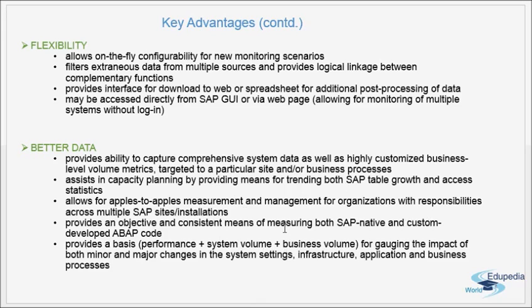You can go through all these points. It provides better data. When you use some tools and collect the metrics, the output will be better, and you can easily pinpoint where the exact problem is.